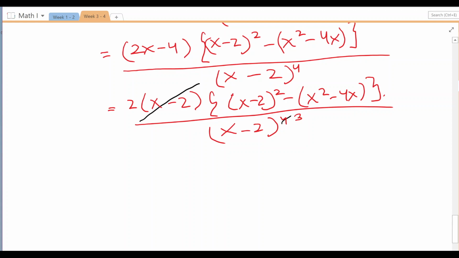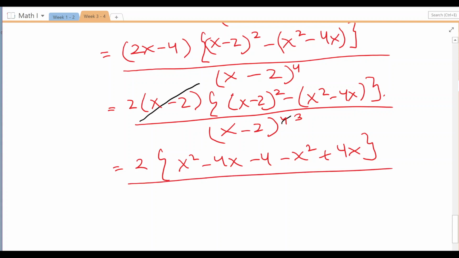And if you simplify the terms inside the square bracket, let's proceed right now: x² − 4x − 4 − x² + 4x over (x − 2) to the power of 3.